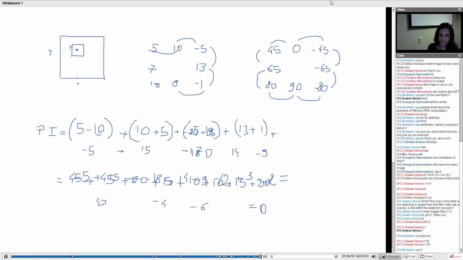How many differences do we have? We have 8 differences, and then we cover the neighborhood that we wanted, so we are okay. Which one is the result? So we have a 90 here, then 45 plus 45 is 90. So 90 plus 90 is 180.